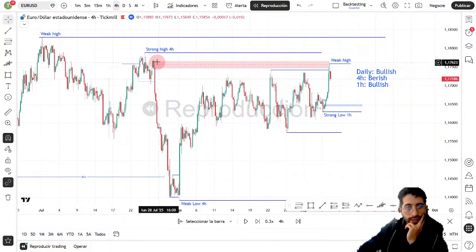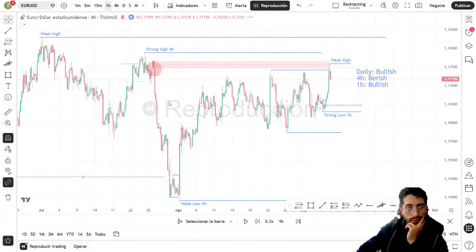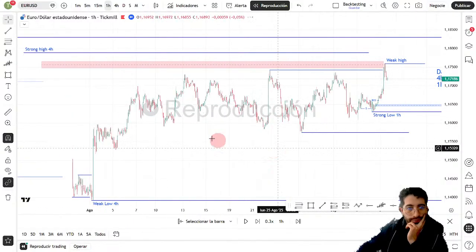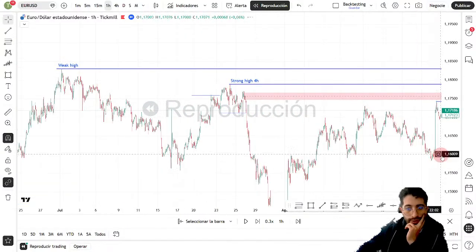The price has reacted in this order block, a perfect entry on the EURUSD in 4 hours. Now we're going to go to the 1 hour time frame to check what actually happened here.